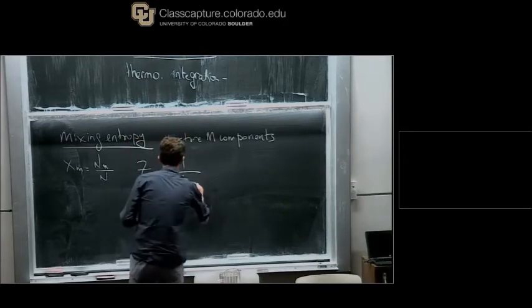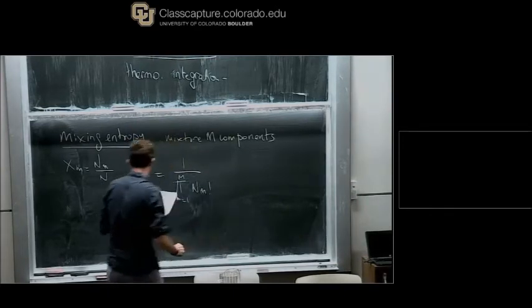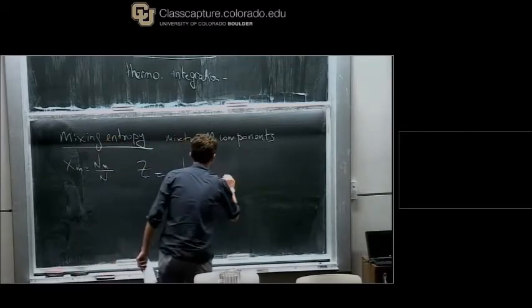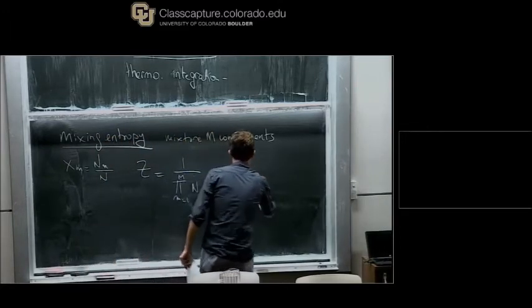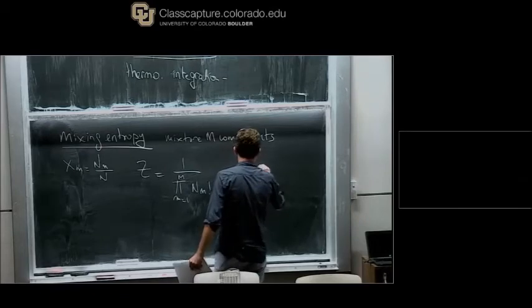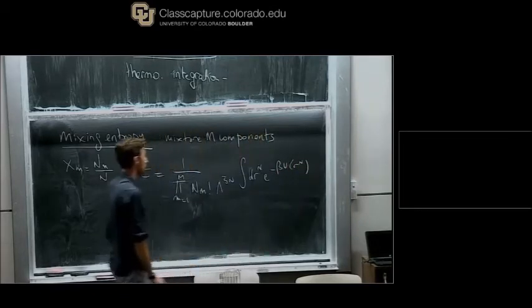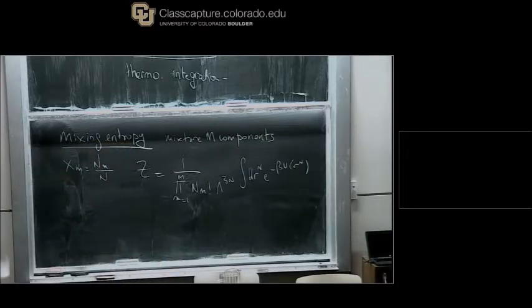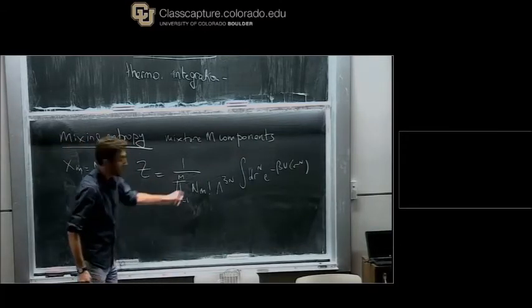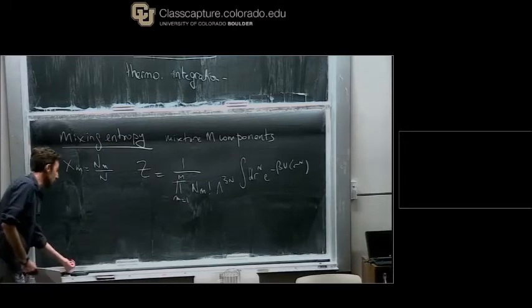Capital M, you have the factorial n of everybody, then the de Broglie, and then this integral over the Boltzmann weight. So the mixing entropy comes from this factorial prefactor.